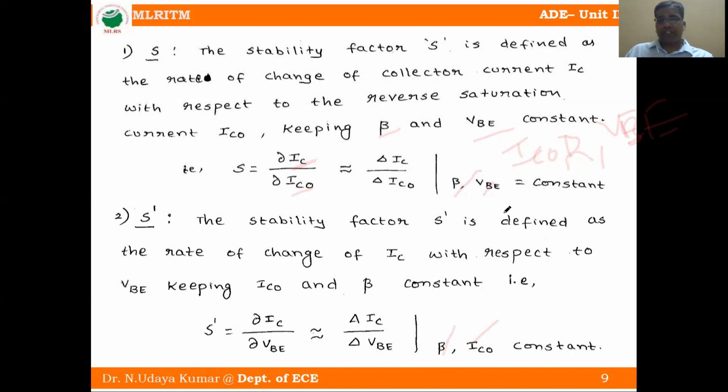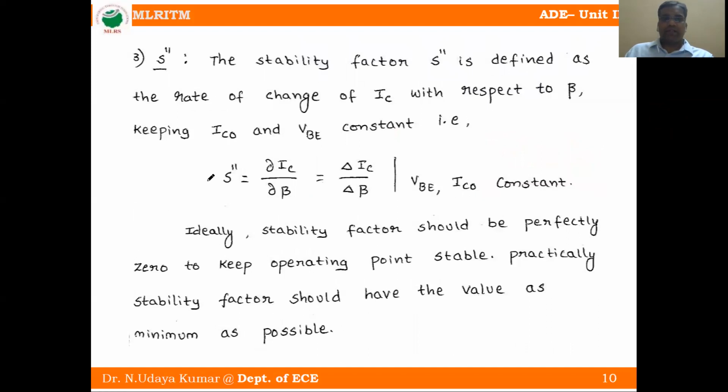In the previous one, beta and VBE were constant. Next one is S double dash. The stability factor S double dash is defined as the rate of change of IC with respect to beta, beta meaning the amplification factor, keeping IC naught and VBE constant.